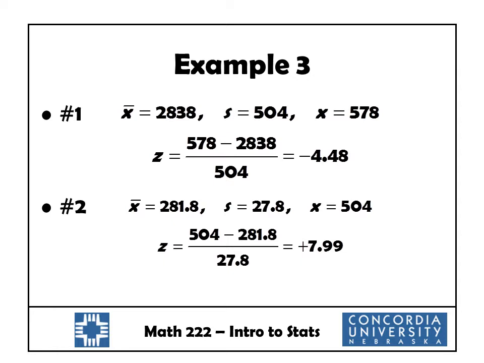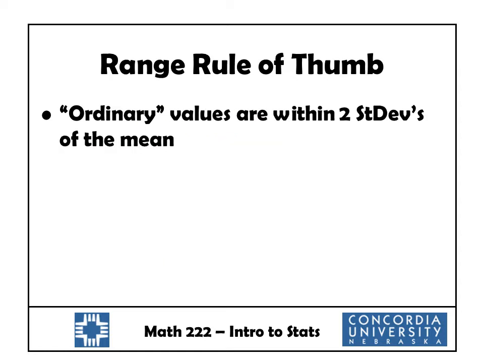So now we can compare these z-scores to determine which is more unusual. A larger z-score means that it's more unusual in the context. And so we would conclude that the x value of 504 in the second example is more unusual than the x value of 578 in the first example.